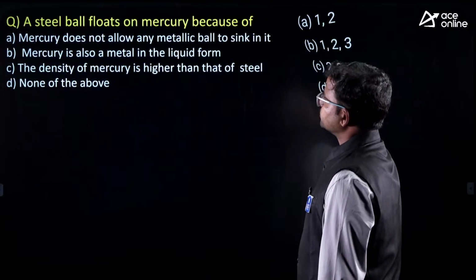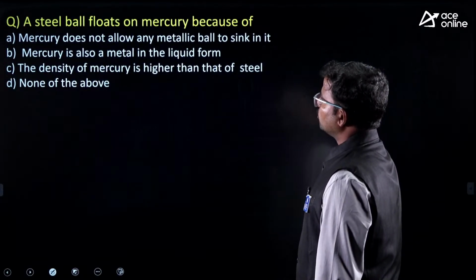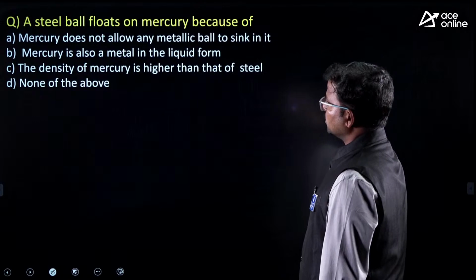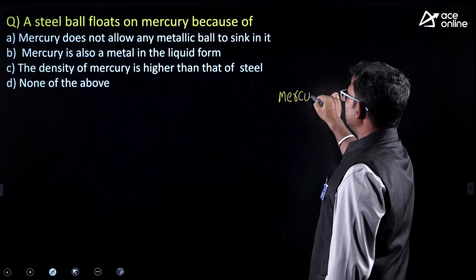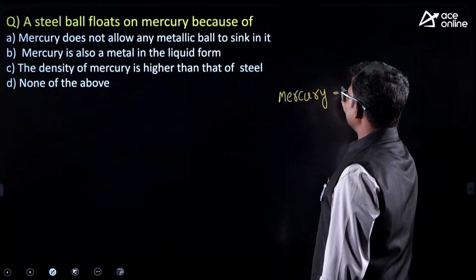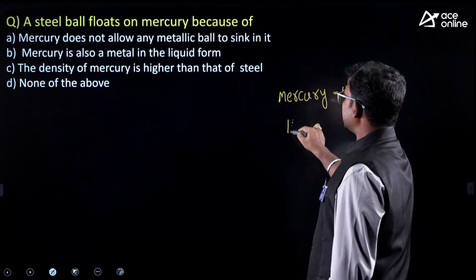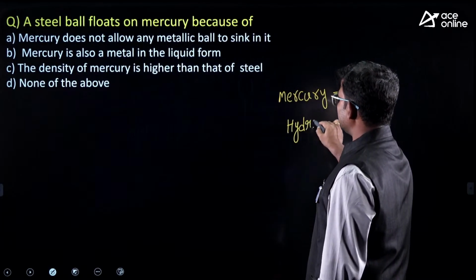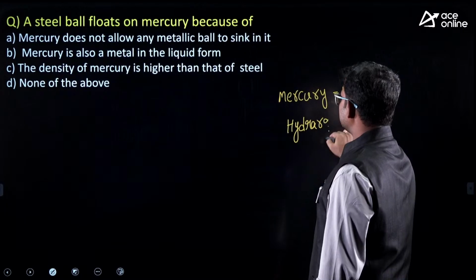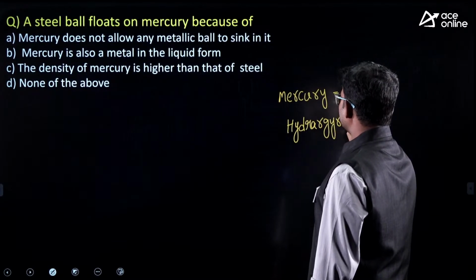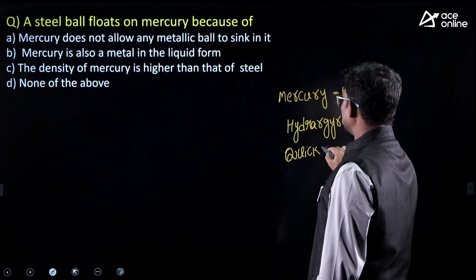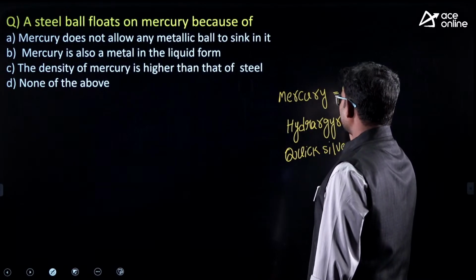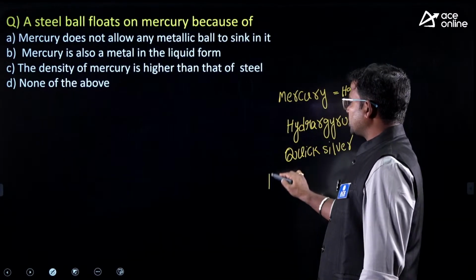Okay, next one. A steel ball floats on mercury because... So mercury is indicated with Hg, nothing but hydrargyrum. This is the Latin name, hydrargyrum. This is also called quicksilver. Actually mercury is a metal.